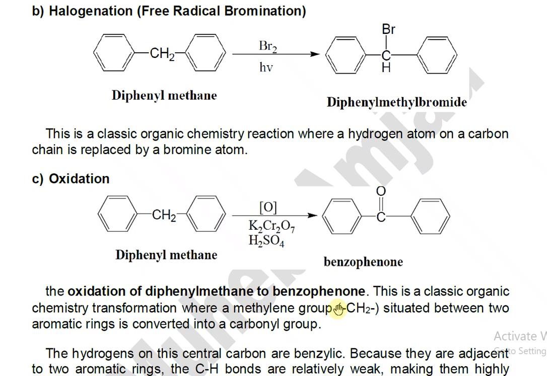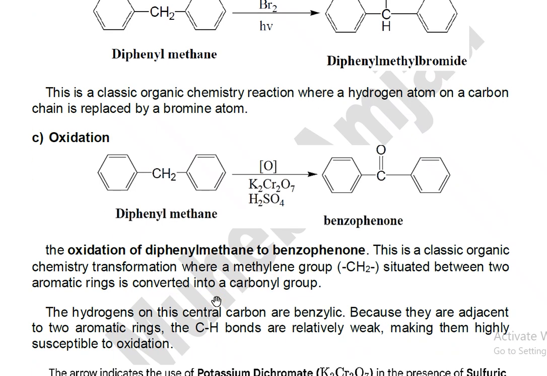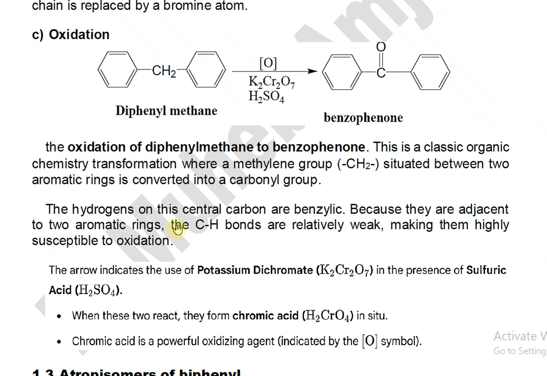This is a classical organic chemistry transformation where the methylene group situated between two aromatic rings is converted to the carbonyl group. The hydrogens on the center carbon are benzylic. This is benzylic because the carbon is attached to two aromatic rings. The C-H bonds are relatively weak, making them highly susceptible to oxidation.